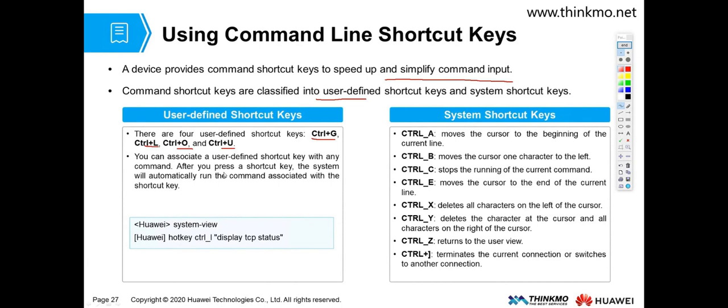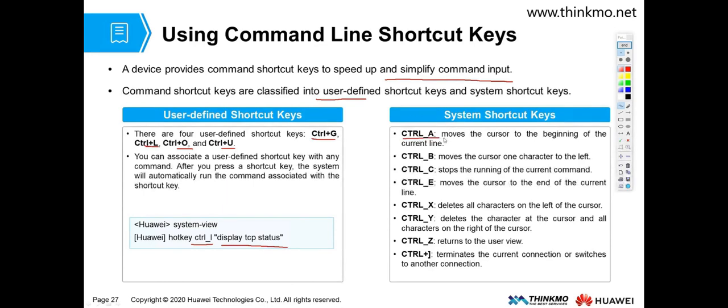Once combined, when we press the shortcut key, the system will automatically execute the commands associated with it. For example, if I want to combine Ctrl and L with this command, I would bind them using a command like this.